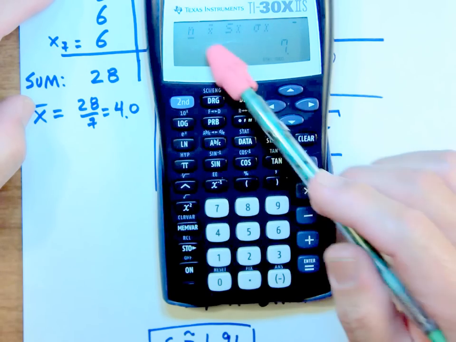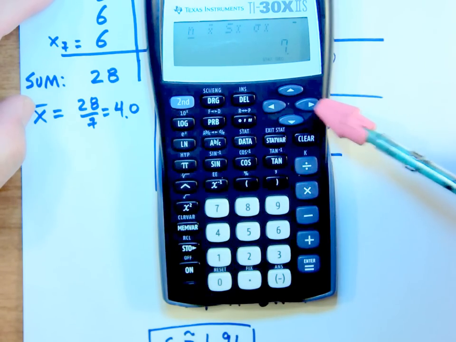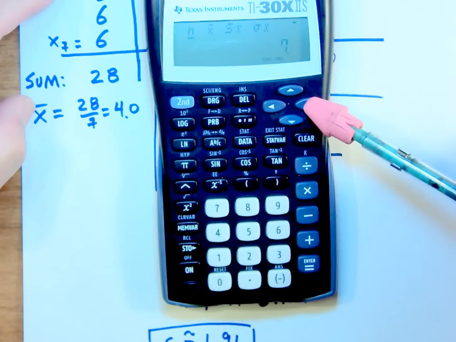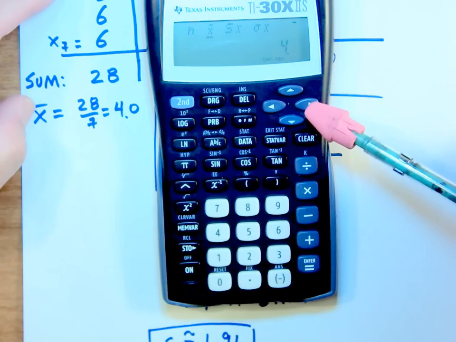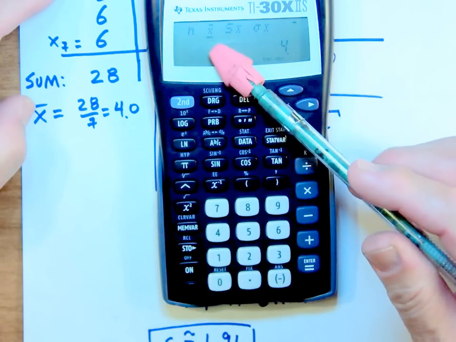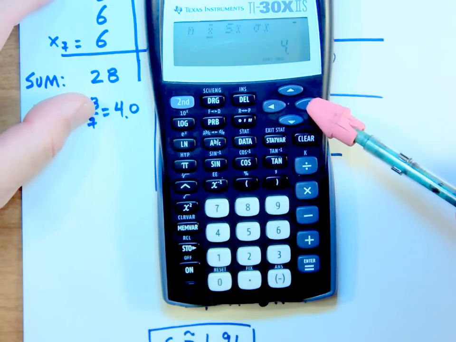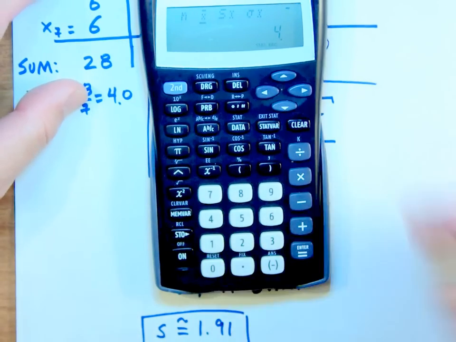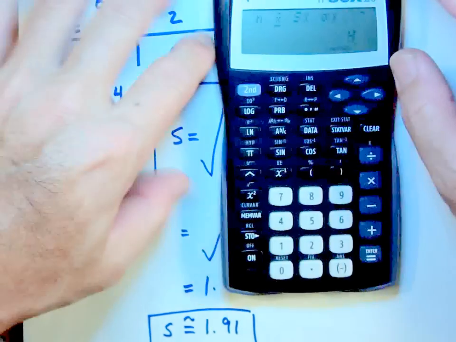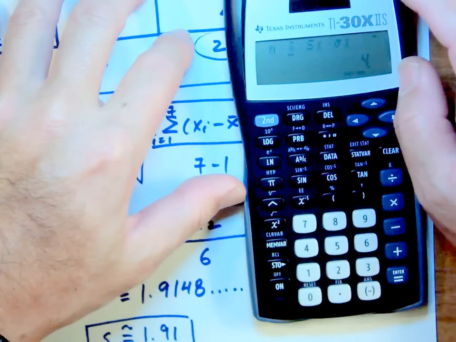So how do you get to this? Just use your cursor arrow key and go to the right. The mean right now is 4. That's what we got. And then the Sx, that's our standard deviation. Again, remember it's supposed to be about 1.91, or more exactly, let me move over, that was a rounded-off figure.